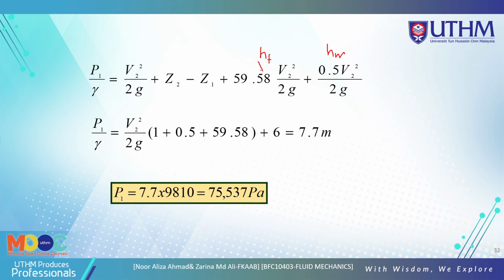Put them back in and you get the value until you get P1 divided by the specific weight, which is 7.7 meters. Multiply 7.7 meters by the specific weight and you get P1. The pressure at 1 is 75.537 Pascal.